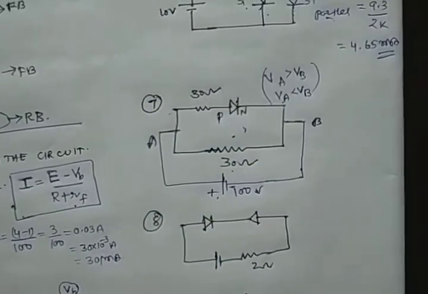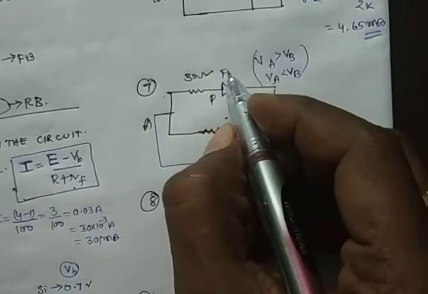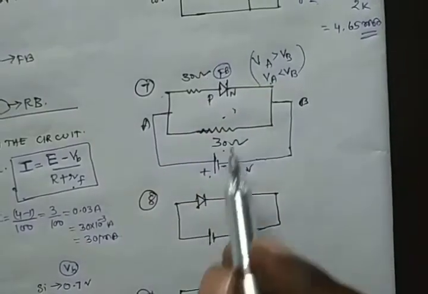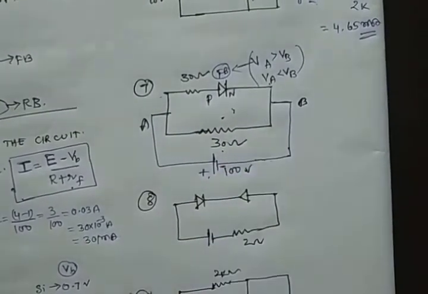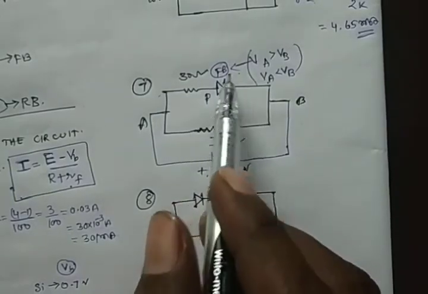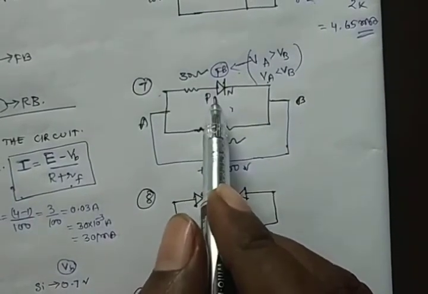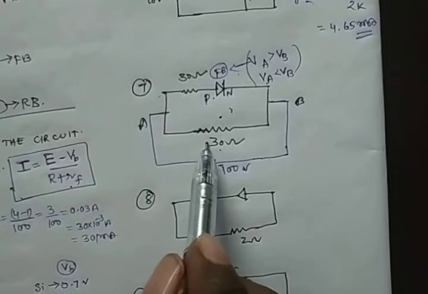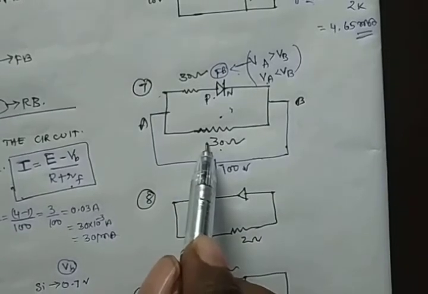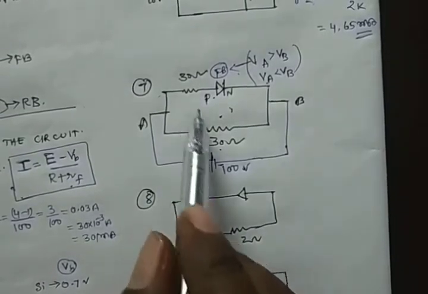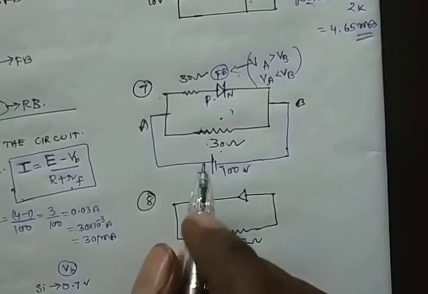Okay. So now the diode is said to be in forward bias in this case. Forward bias means it will work. It will work means this resistance will work, this resistance also will work. So both are working means these two are in parallel.